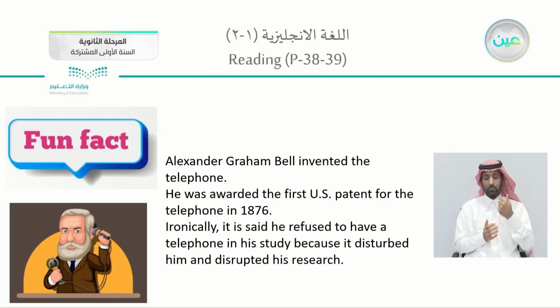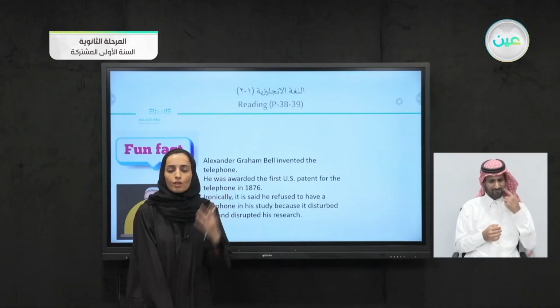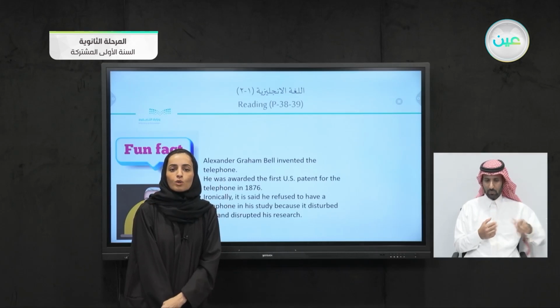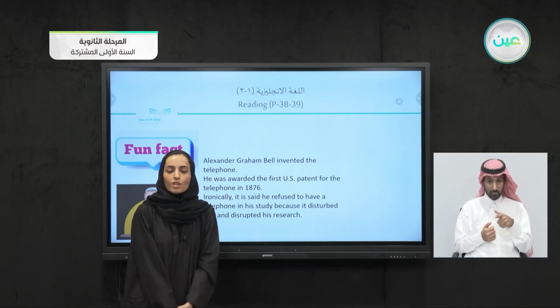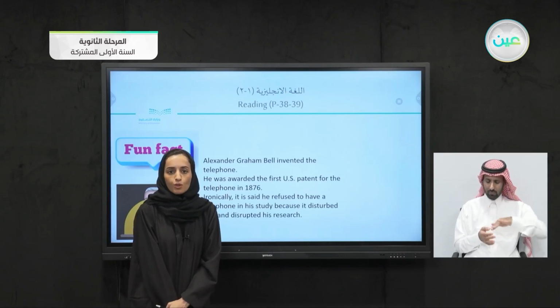Also, ironically, it has been said that he said no to having a telephone in his study because it disturbed his research. So he invented it, however, he didn't use it because he said it is disturbing for him. What do you think? How do you think he would react if he had a cell phone nowadays? Maybe he won't use it anymore.